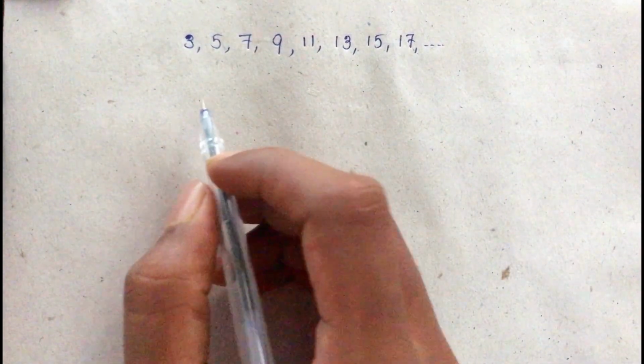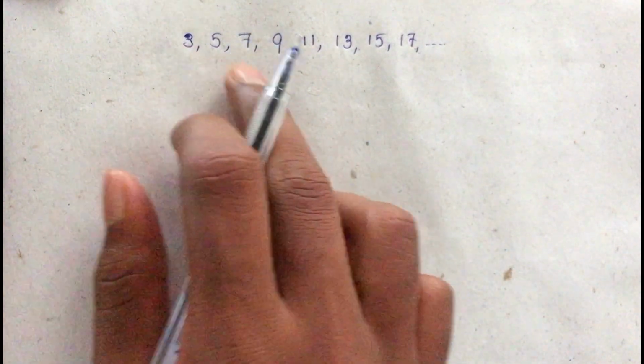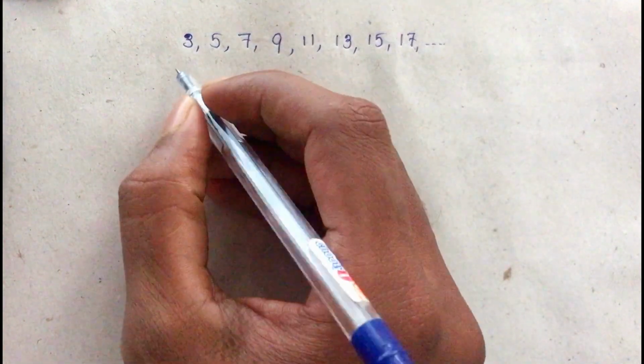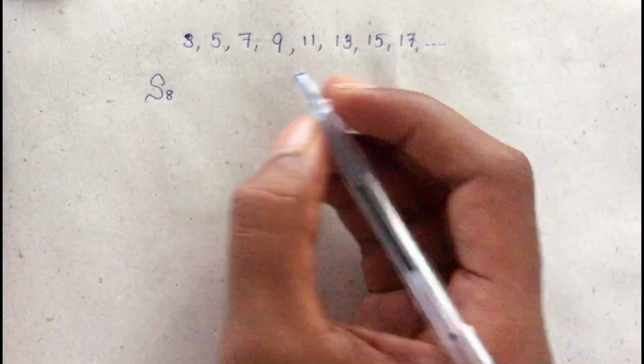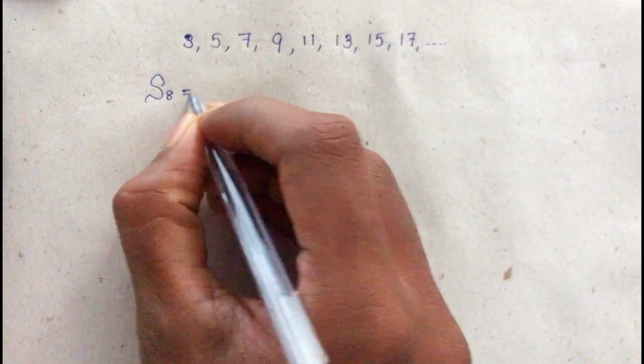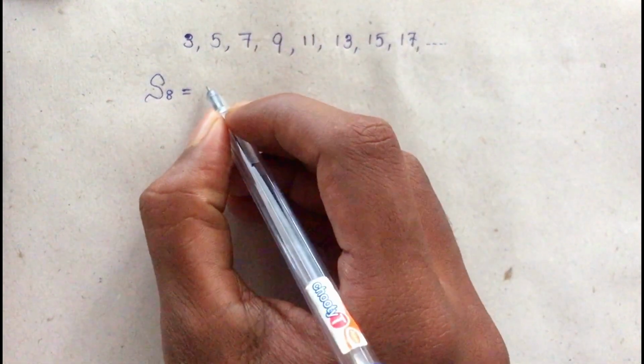This is an arithmetic progression. There are 8 terms and you need to find the sum of all 8 terms. Then we can write it as S8. You can get S8 by adding all these terms. It's so easy.